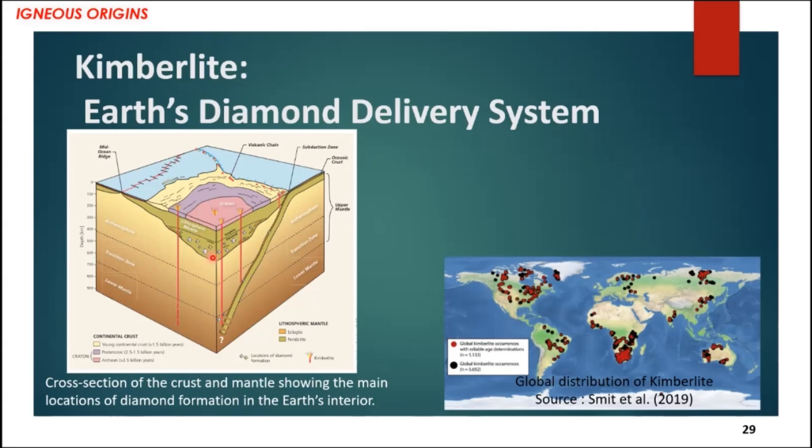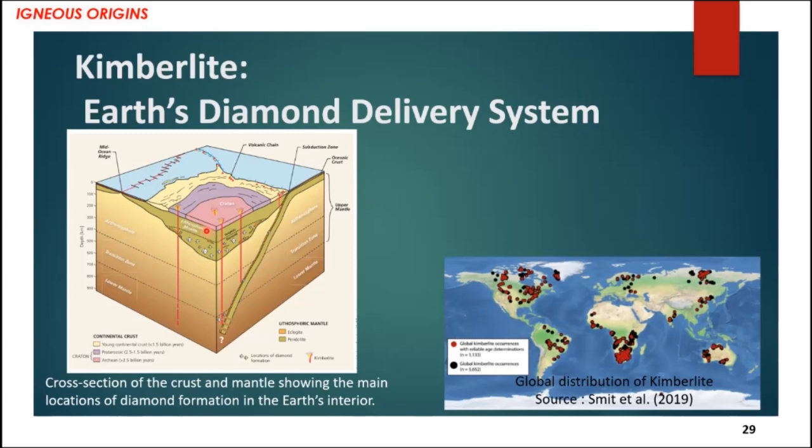So that is the main delivery system of Earth's diamond. Usually the majority of diamond is produced within the lithospheric mantle. I hope you are familiar with what lithosphere is. Lithosphere means the Earth crust plus the uppermost mantle. That's how we can define a lithospheric plate. They are moving here and there.